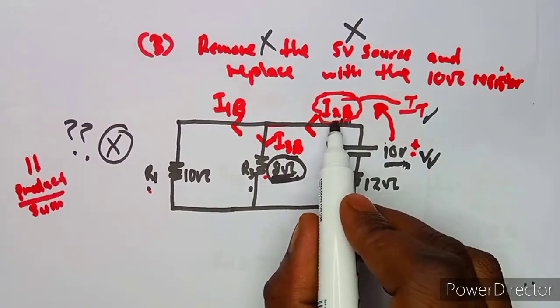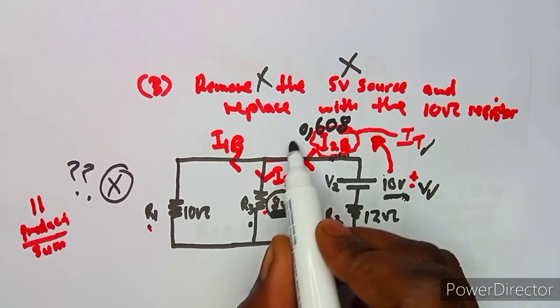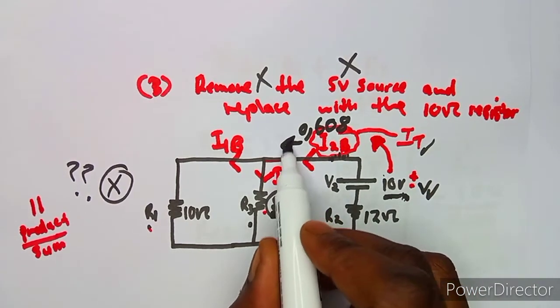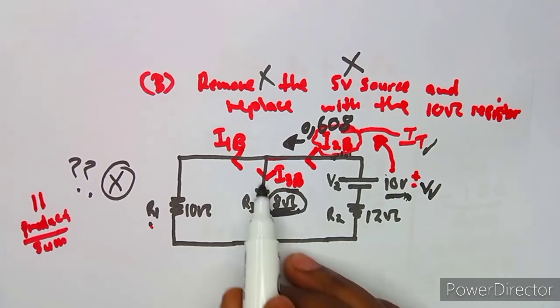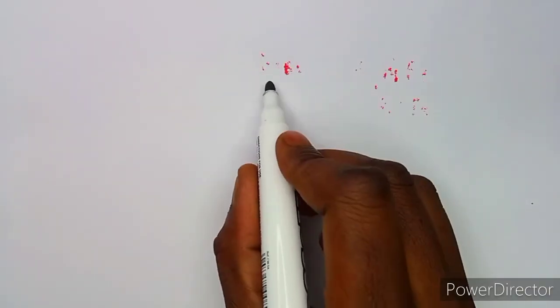Why? Because we now have this total current, which is 0.608, this one, which is the supply. So we are going to use the current divider rule from R1. Remember your current divider rule, guys.